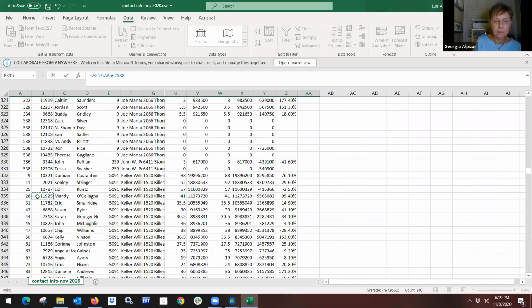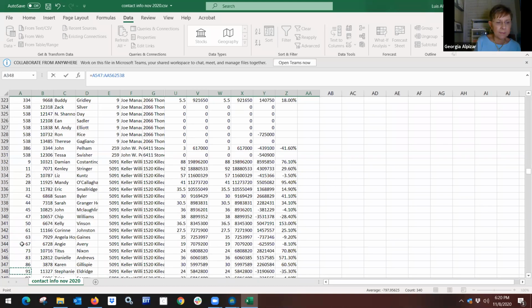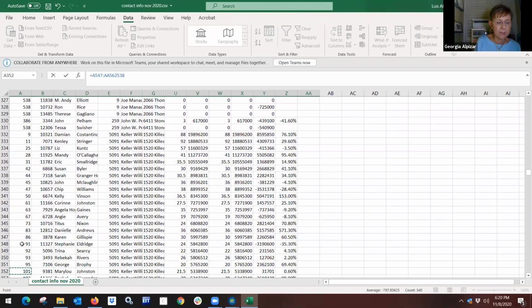You need to have 1, 2, 3, 4, 5, 6, 7 in the top 50. And then we do here, and you do 1, 2, 3, 4, 5, 6, 7, 8, 9, 10, 11 in the top 100. So that's how you do that.